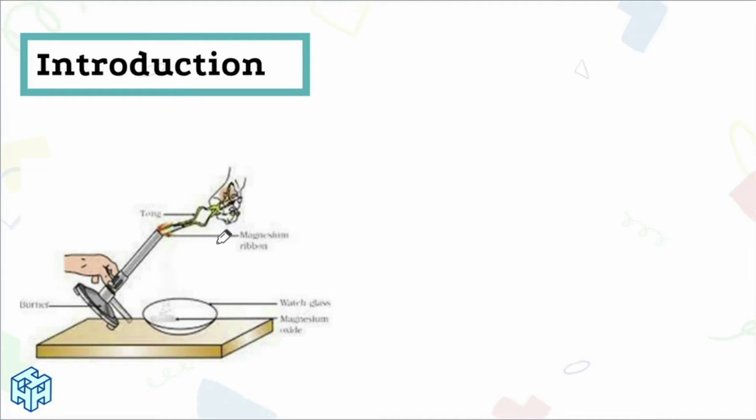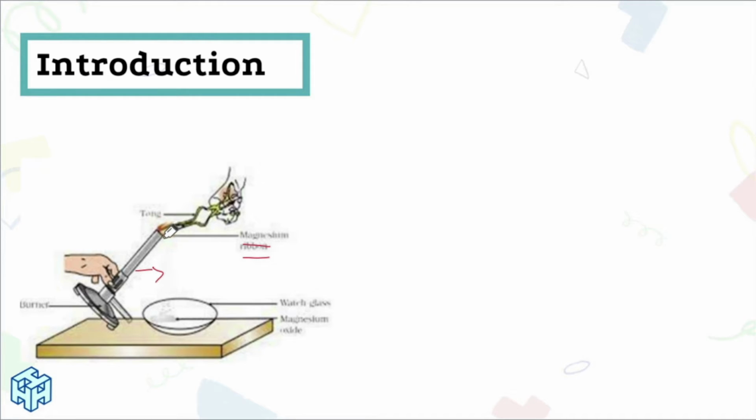Now I am holding a magnesium ribbon. Now I am lighting a burner. A burner is a stove-type element with a fire, and I am holding the ribbon with tongs. This ribbon is made of magnesium.